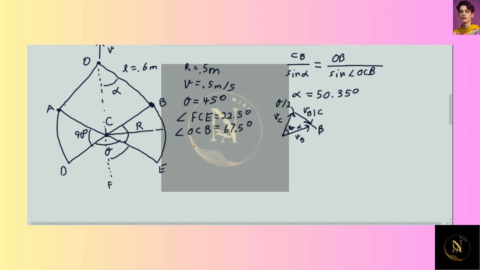So we have VC divided by the sine of beta equals VB given C, or with respect to C, divided by the sine of 90 minus that alpha.